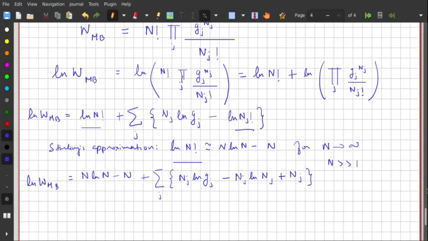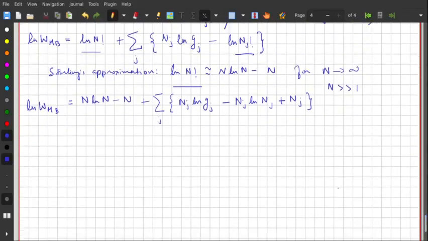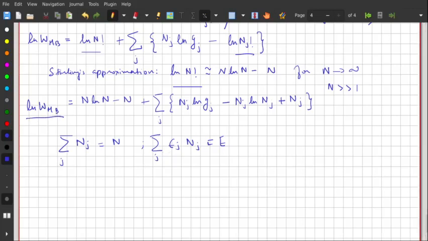Okay, let's recall the constraints. The constraints are: sum over j of nj is N, and sum over j of epsilon j nj is E. If we want to find the stationary point, we take the differential of this function and equate it to 0.